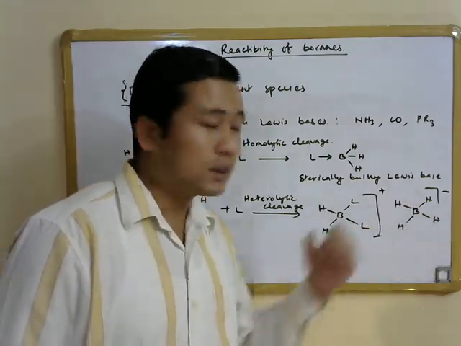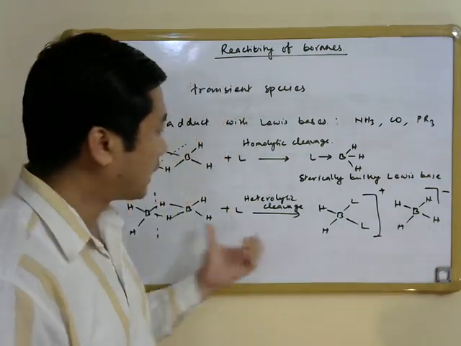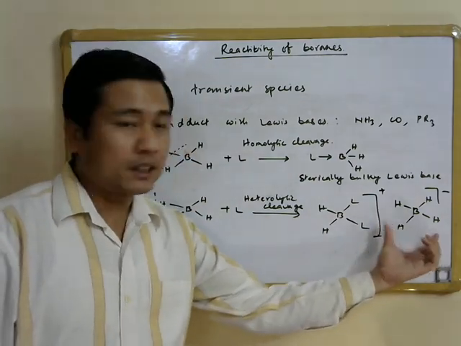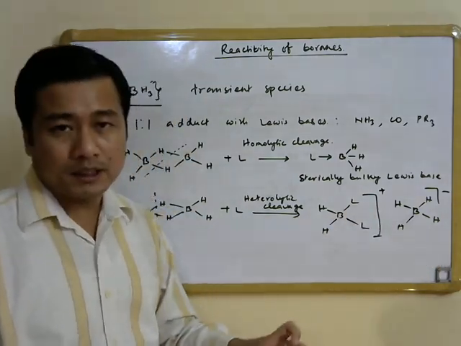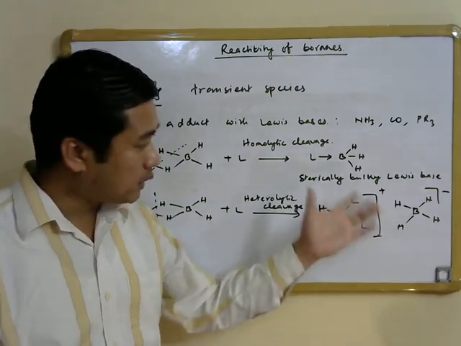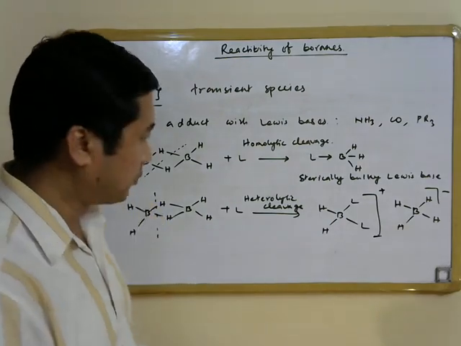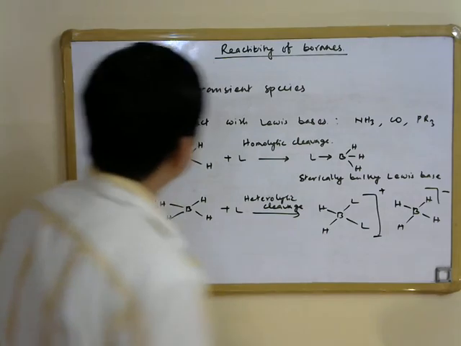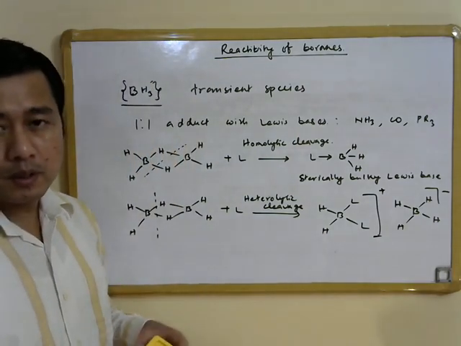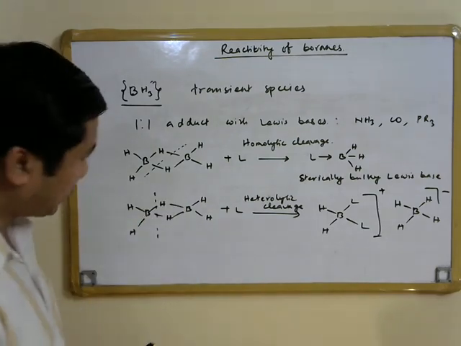So the BH4 anion is essentially formed during this heterolytic cleavage of diborane, and we can consider this anionic species as a Lewis base adduct only again, when we consider that this additional hydrogen atom attached to the boron is essentially a hydride ion. So this sort of 1:1 adduct of Lewis bases can be formed with the diborane molecule.